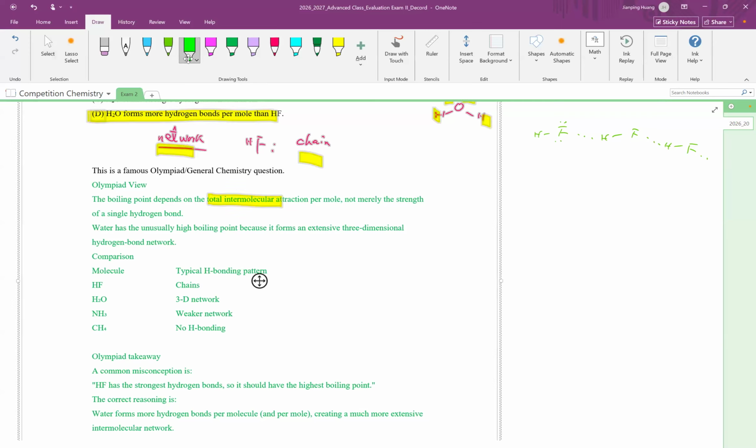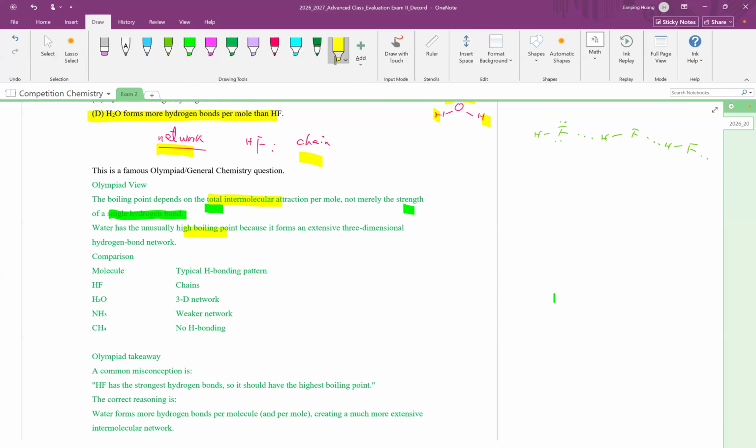It's the total force, not the strength. You say, oh, HF forms stronger intermolecular force. True. But you look at total force, not a single hydrogen bond strength. Very important, okay?